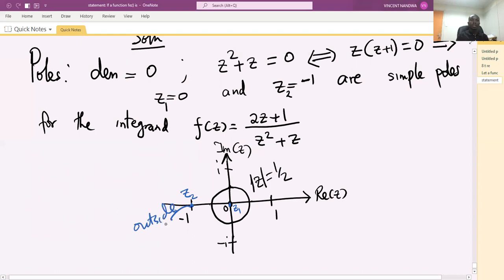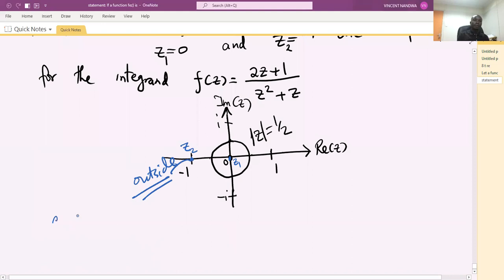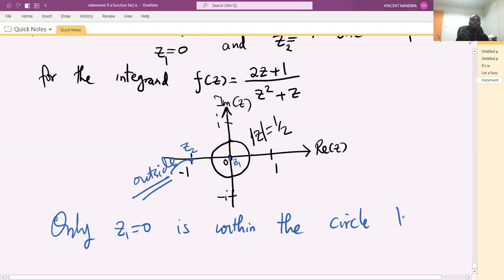So we only concentrate on the pole which is within the circle C. So only z1 equals 0 is within the circle, |z| equals a half.